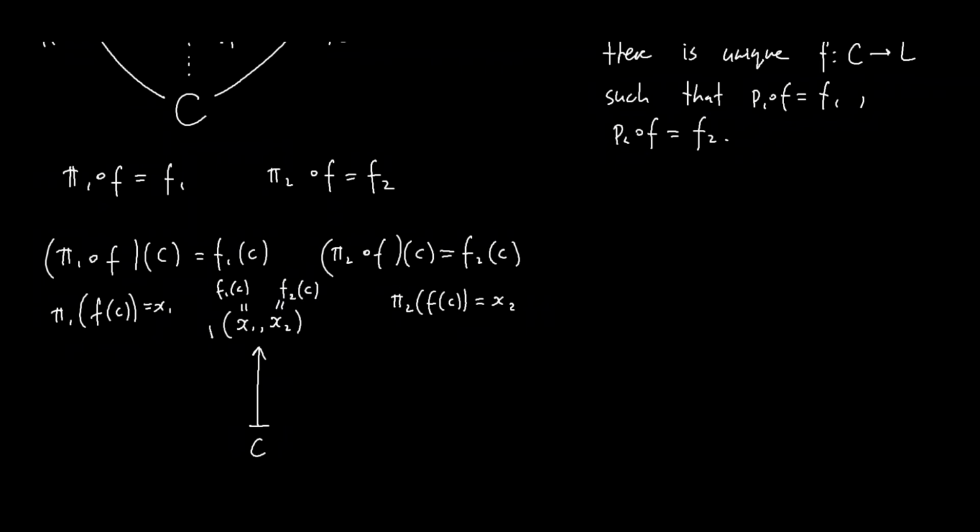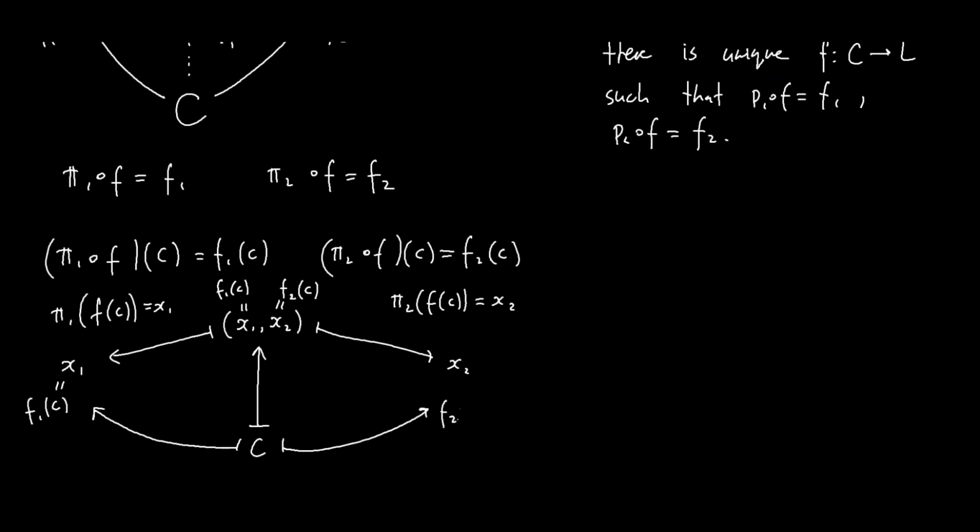And this second equality says this must be f2 of C. So on the diagram, this is mapped to x1 by pi1 and that is mapped to x2 by pi2, and then requiring that this composite mapping should give me the same result as the mapping by f1, which does give me f1 of C, right?